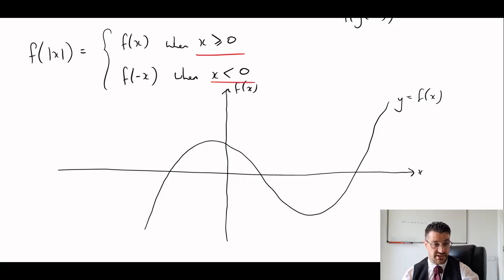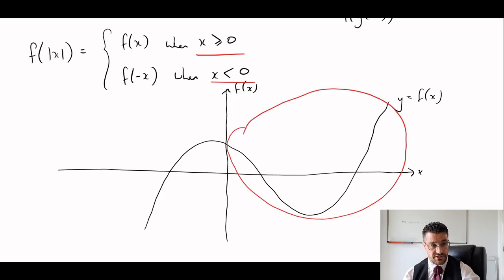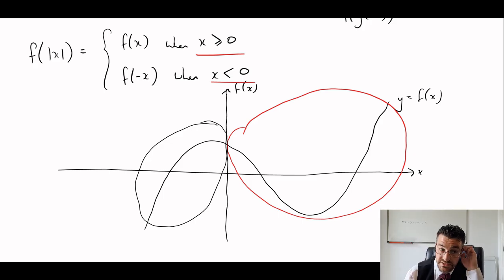In other words, we're interested in the origin and the positive x-axis and then the negative x-axis. So we're interested in the parts of the graph of f of x which correspond to x equals 0 and the positive x-axis on the one hand, and then on the other hand we've got the parts corresponding to the negative values of x over here.